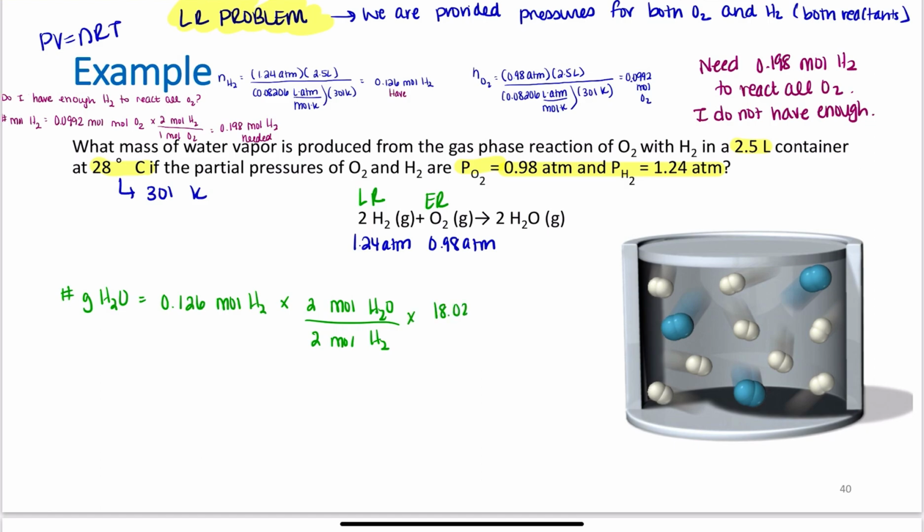H2O is 18.02 grams per 1 mole. I see my final answer, 2.27 grams of water vapor. So under these reaction conditions, I would produce 2.27 grams of water vapor.